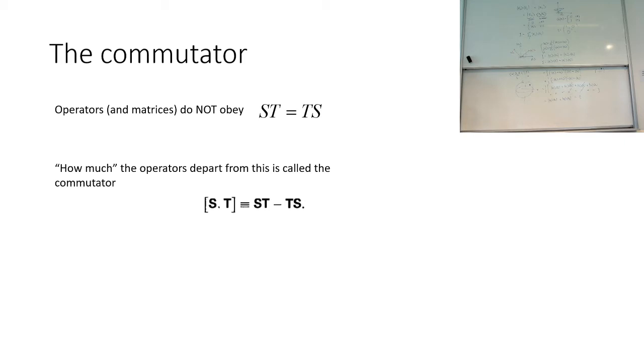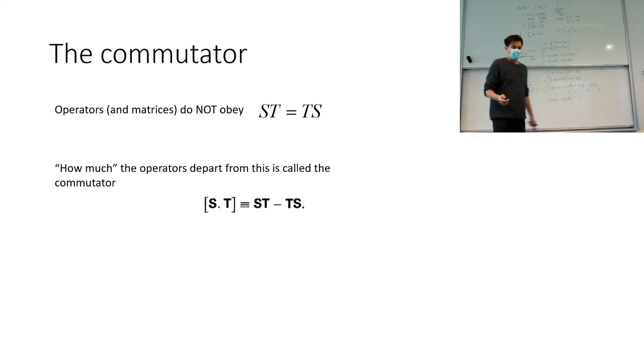I've said that doing T first and then S, remember your vector is hitting from the right, so ST means that T happens first before S. This one means S happens before T. These are not necessarily the same, so the commutator is simply the difference of these things, and this will be another matrix.